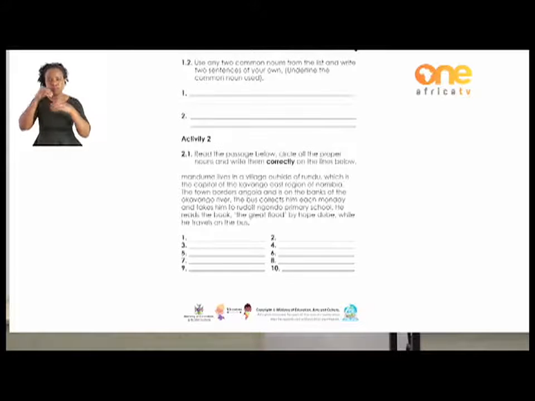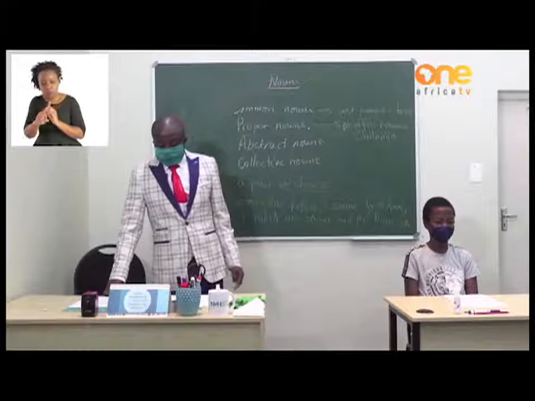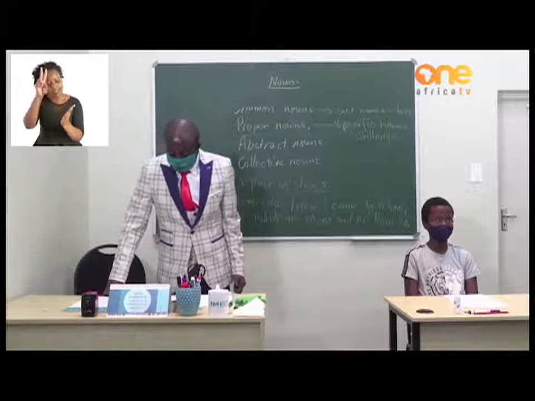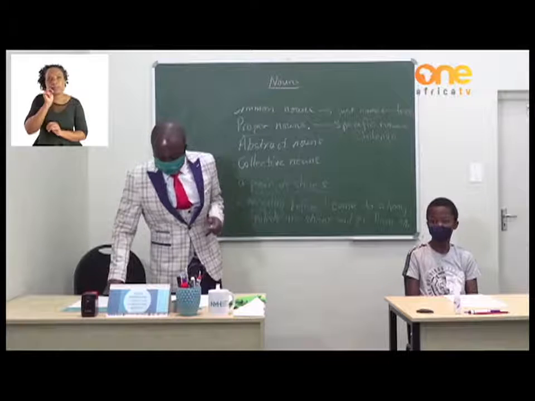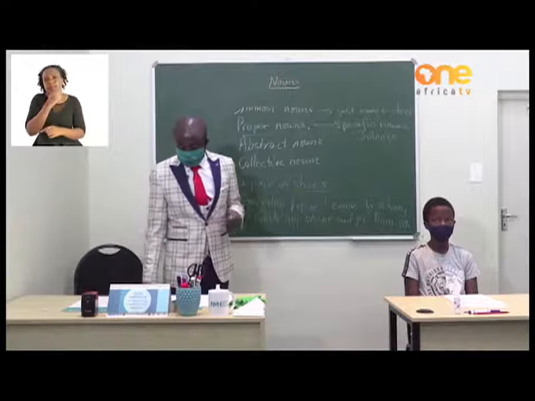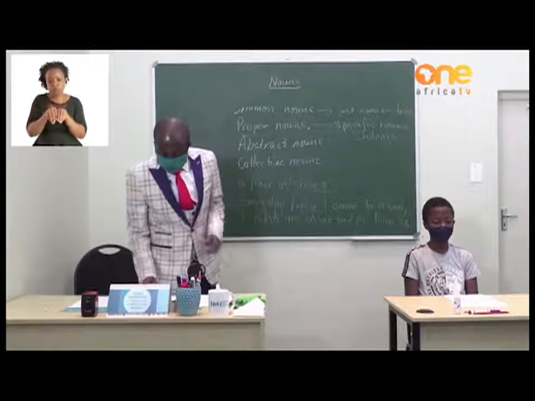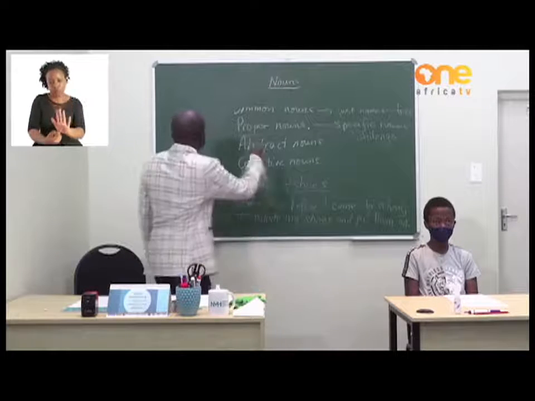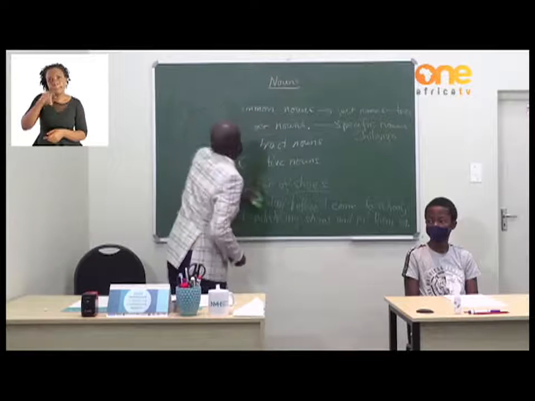So, we are given number 1 to 10 there. You read and choose proper nouns, which means specific names. For example, I will do number 1 and 2 for you. We have Mandume. Mandume, that's a name of a person.